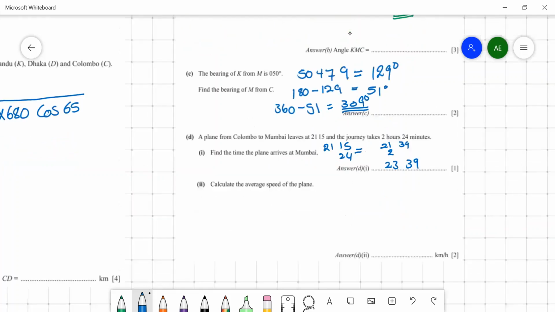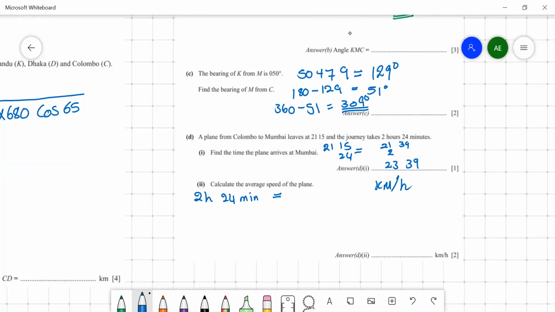Okay, calculate the average speed. All right, I have 2 hours, 24 minutes. I need to convert it into hours, because I have the distance in kilometers, which means the time should be in hours to have the speed in kilometers per hour.